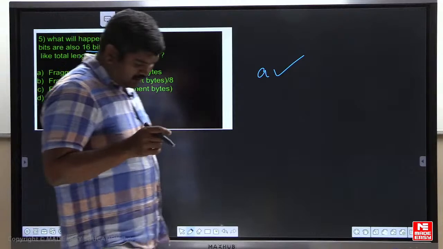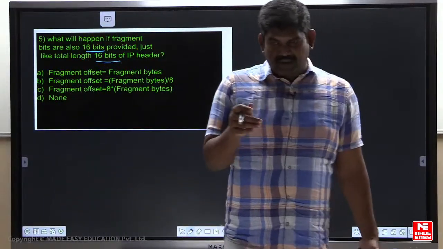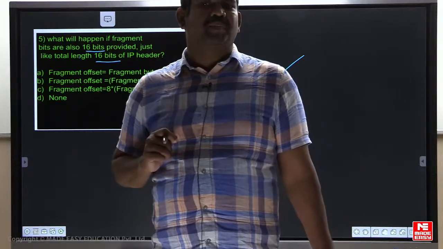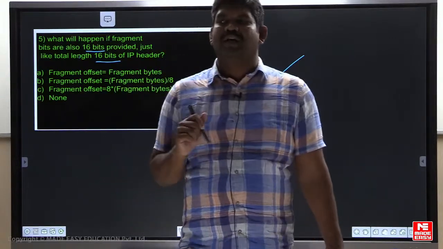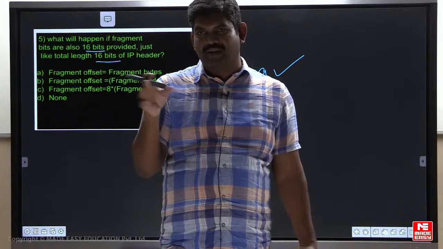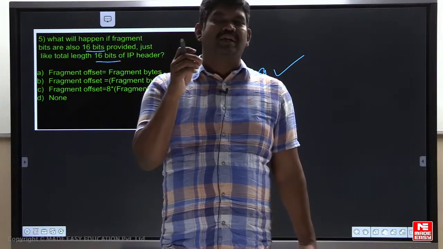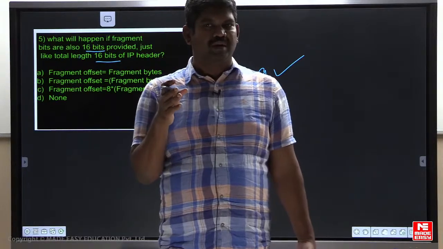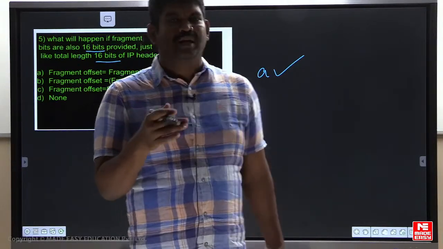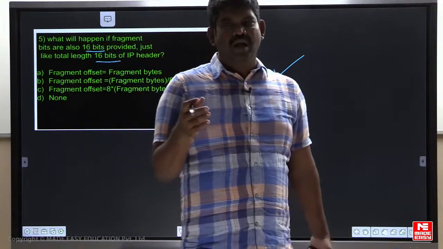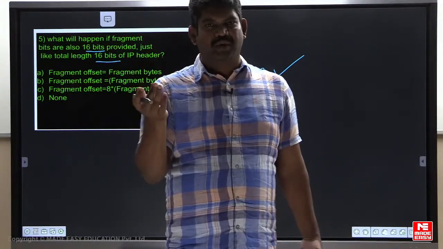Last 3-4 days back, another student asked me a question regarding wraparound time. Sir, while calculating wraparound time, when you observe the GATE questions, normally the bandwidth is taken as a multiple of 10. Kilo means 10 power 3, mega means 10 power 6, giga means 10 power 9.